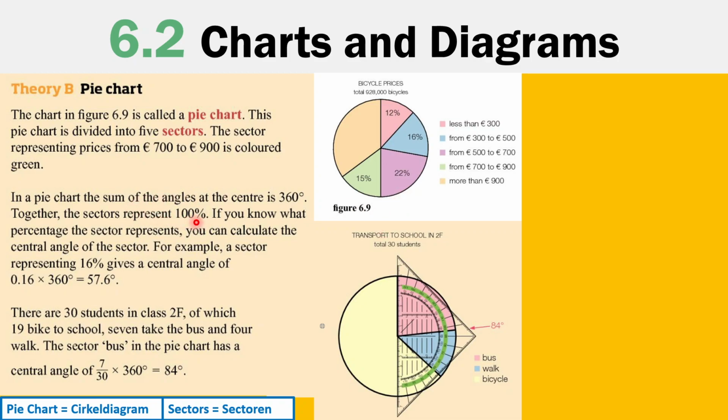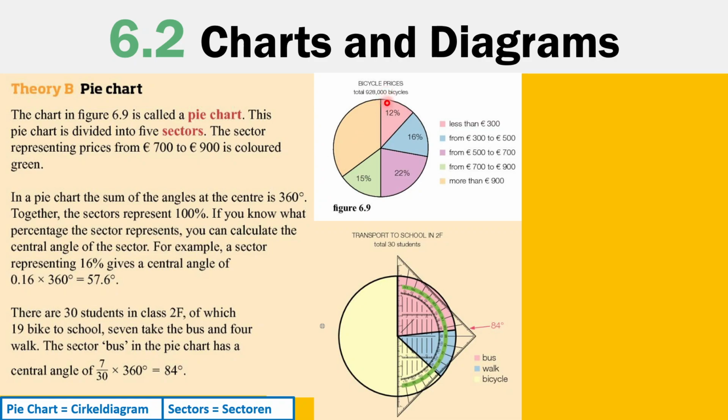That's important, right? So here you can calculate this part by doing 100 minus this, minus that, minus this, minus that. You can also calculate how big the angle is of a certain sector. And that's important if you want to draw a pie chart yourself. Because remember, a full angle is 360 degrees.